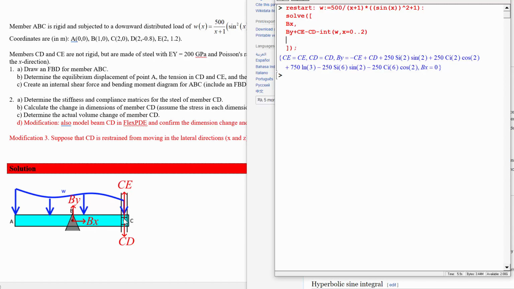The torque provided by CE and CD, let's say out of the page, we've got 1 times CE minus 1 times CD, and then we've got the torque produced by W. And at any point x, the displacement that we have would be the integral of x minus 1, that's the displacement to the right, times W, which would give us a torque into the page. So we can say times negative W from x is 0 to 2.